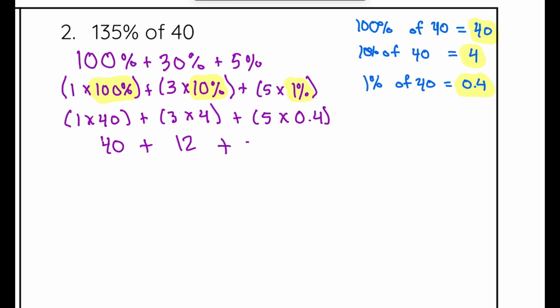And 5 times 0.4 is 2. 40 plus 12 plus 2 is 54. And so that is our final answer. We can say that 135% of 40 is equal to 54.